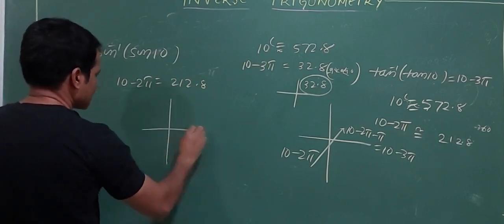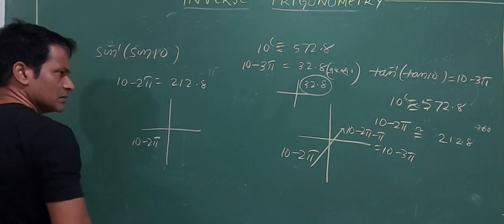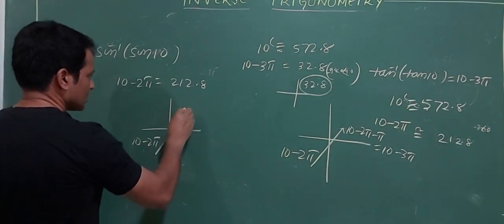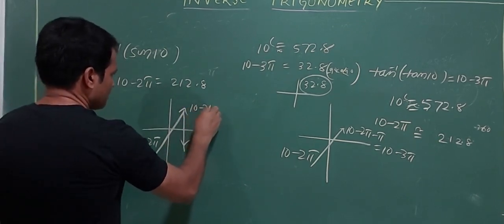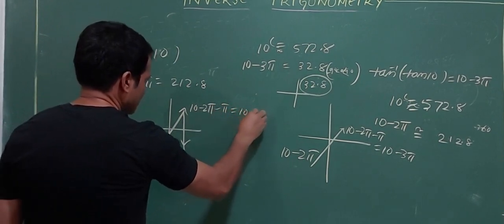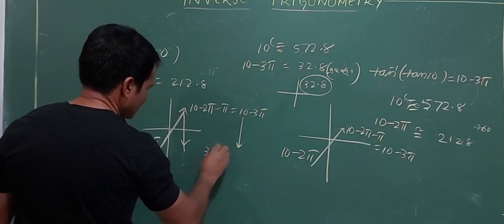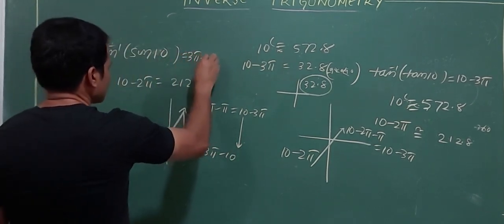That means which quadrant is starting here? 10 minus 2 pi, sine is negative here. Normally because sine is negative, the inverse is here. So go there, come down. 10 minus 2 pi minus pi, 10 minus 3 pi, come down. 3 pi minus 10 is theta. So its answer is 3 pi minus 10.